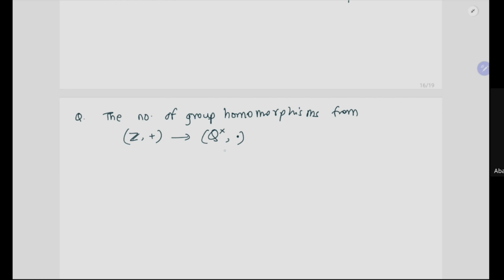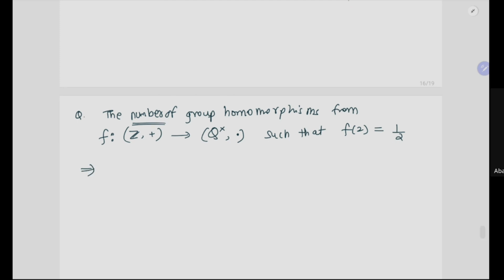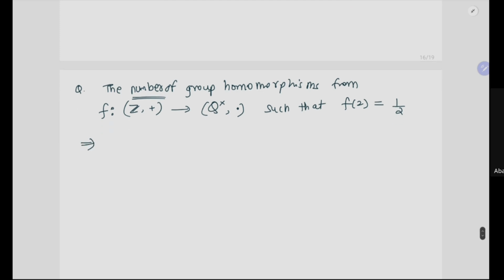So this Q star is under multiplication and Z is under addition, such that f of 2 is 1 by 3. So the number of group homomorphisms is 1 by 3.